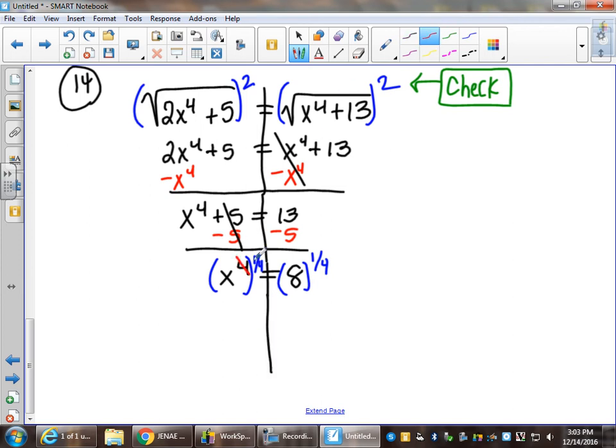The 4 and 1/4 cancel, so I've got x equals... I can rewrite 8 as 2 to the third. So let's do that, which becomes x equals 2 to the 3/4.